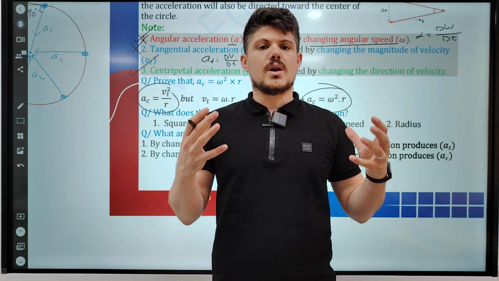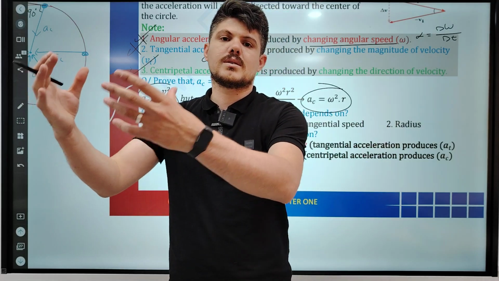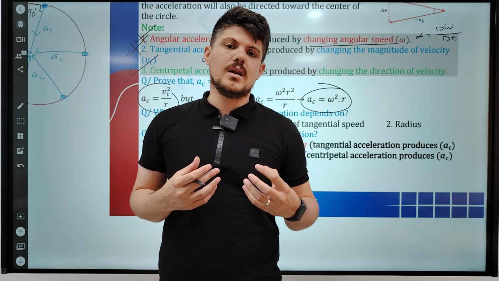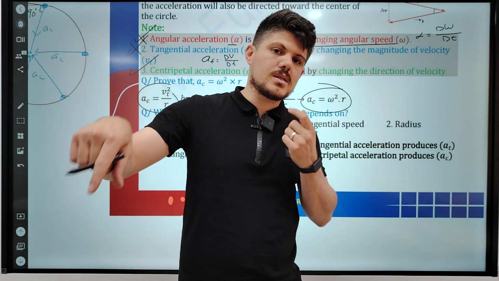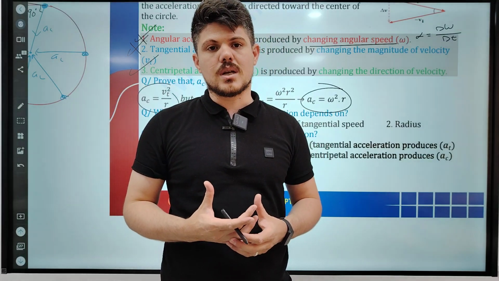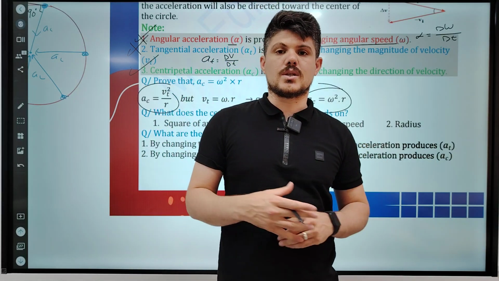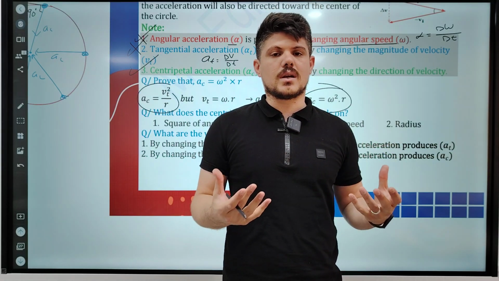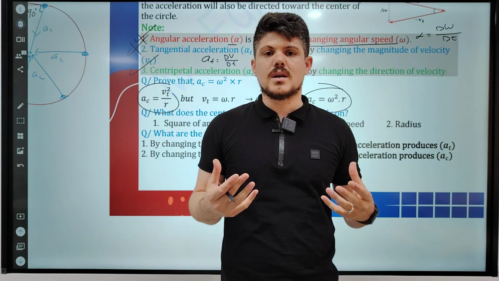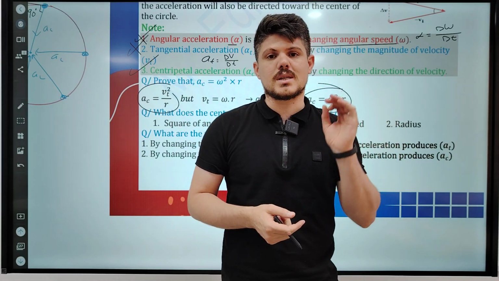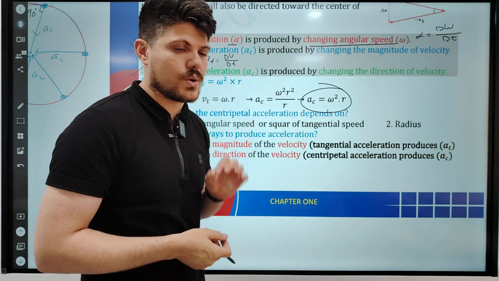And also the earth is orbiting around the sun. When the earth orbits around the sun, it is moving in a circular path. The earth has centripetal acceleration, and also we have a centripetal acceleration. So even when we are at rest, we still experience an acceleration. This acceleration is the centripetal acceleration.